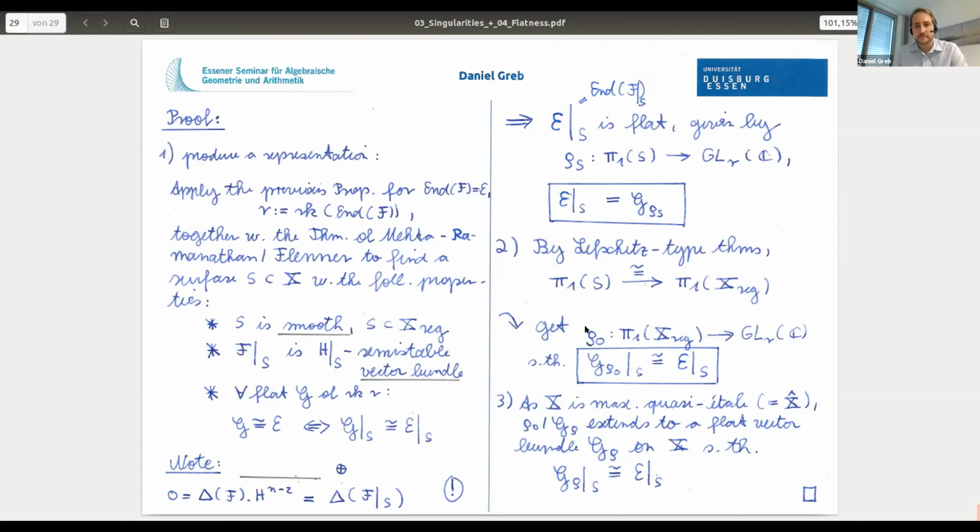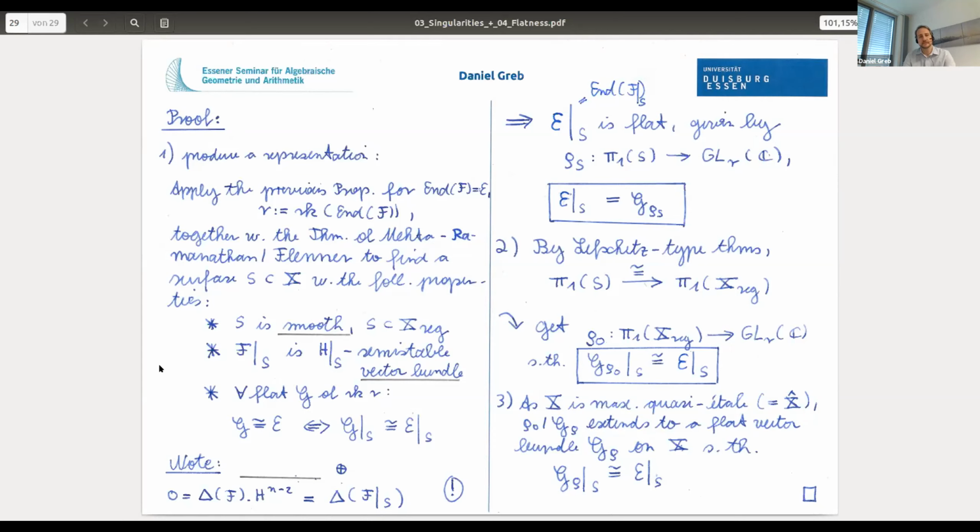So now I have a flat vector bundle on X whose restriction to S coincides with E. But then I use this third property of my surface S, namely, since the two restrictions are isomorphic, the original sheaves are isomorphic.